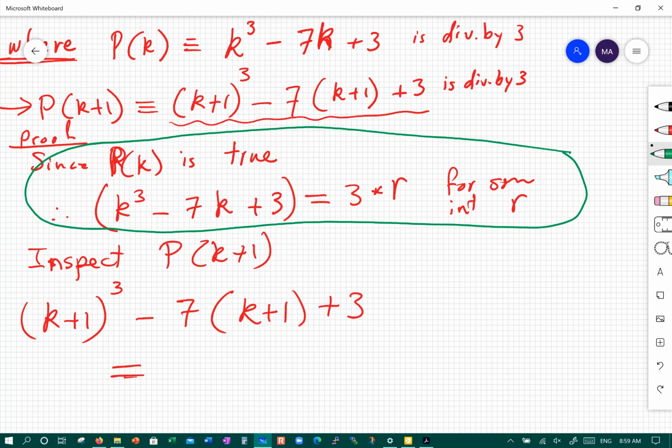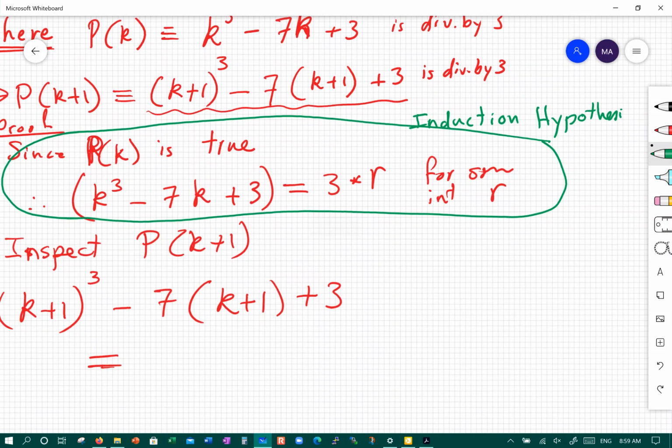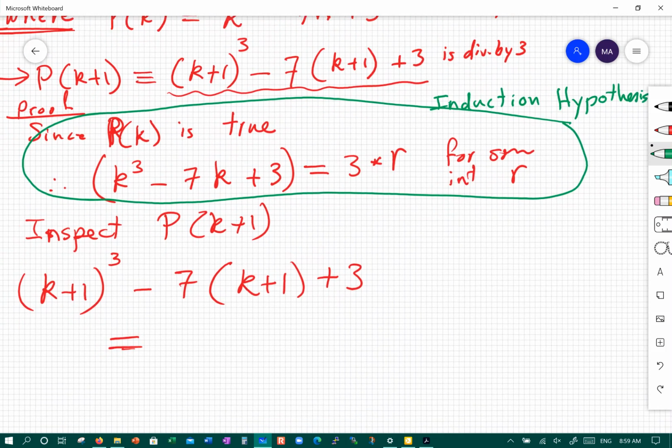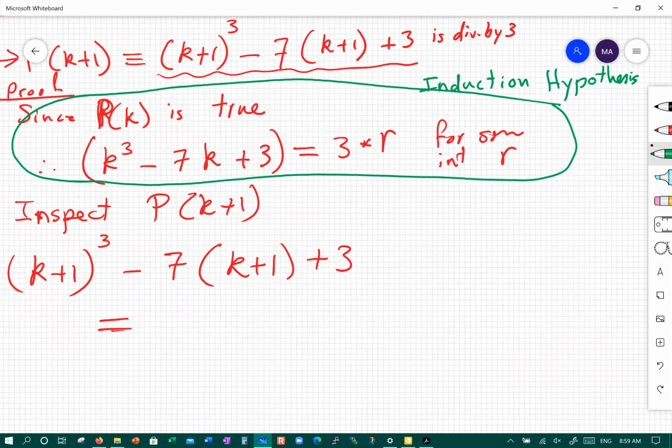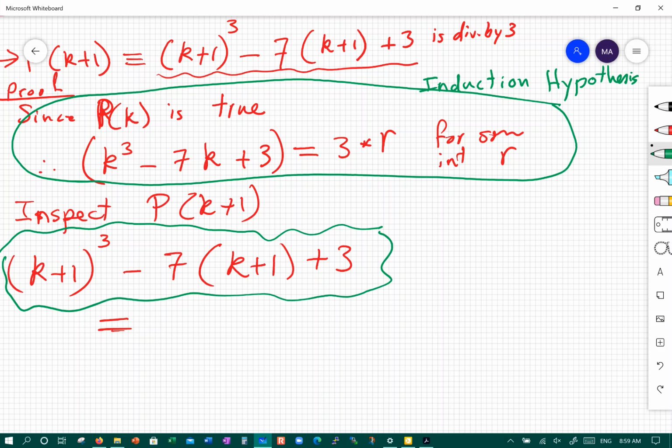By the way, this is called the induction hypothesis, that I assumed that this is true. So my target is somehow to rewrite the expression for P of k plus 1 so that I make use of the inductive hypothesis in the expression for P of k plus 1.